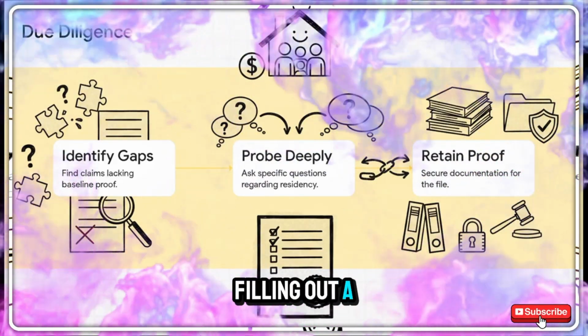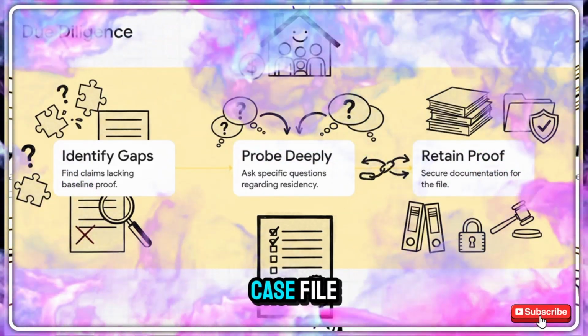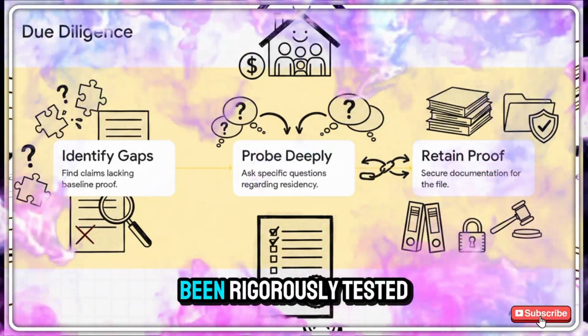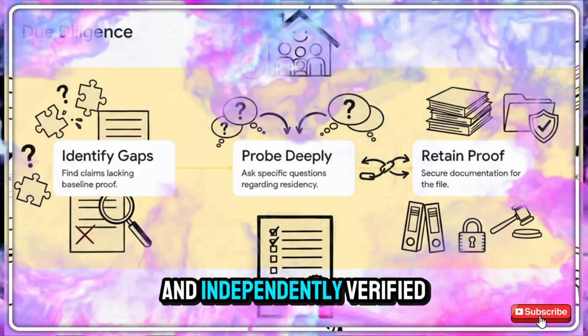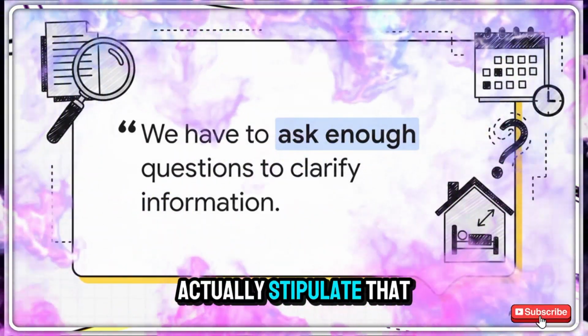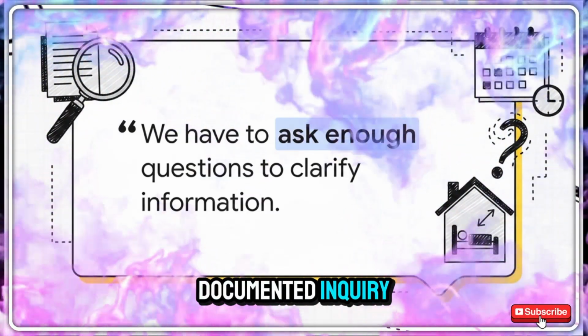You aren't just filling out a form here. You are actively building an evidentiary case file to prove that every single variable in the framework has been rigorously tested and independently verified. The foundational guidelines actually stipulate that the burden of proof rests entirely on active, documented inquiry.